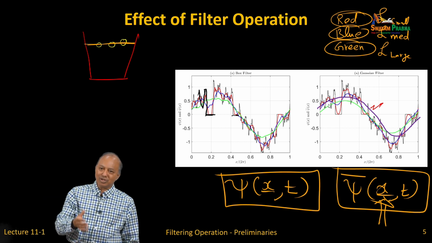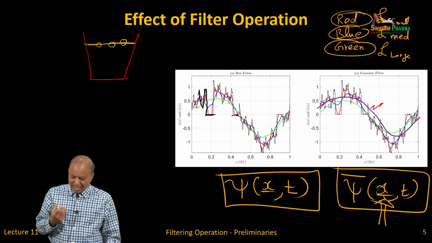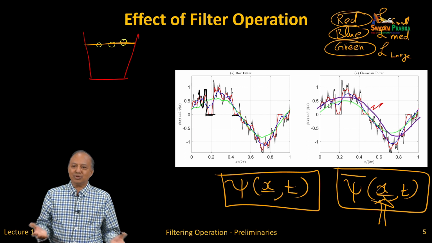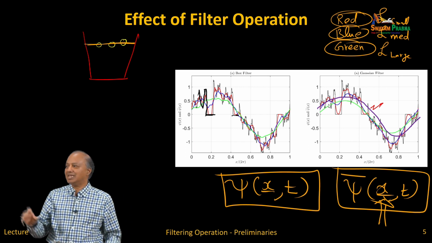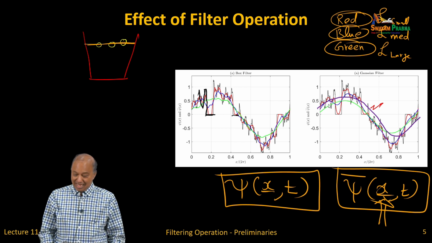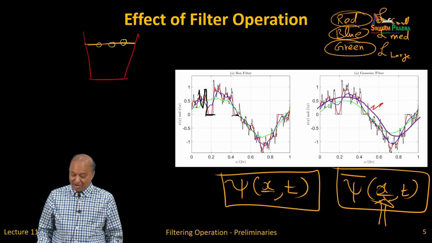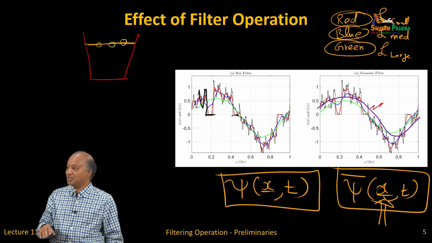Now going back to your question, one of the advantages in RANS models is that the purple line is the answer. So you choose the grid and you can refine the grid and try to get that RANS answer. But in LES, if you refine the grid, your answer changes from the red line to the blue line to the green line.